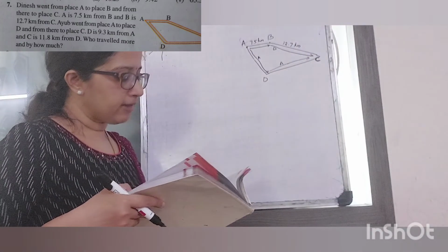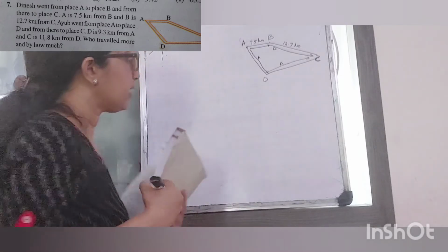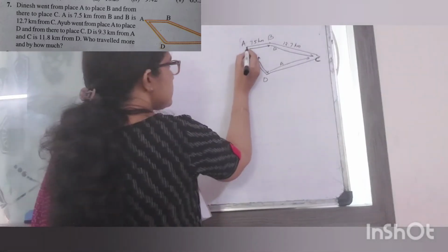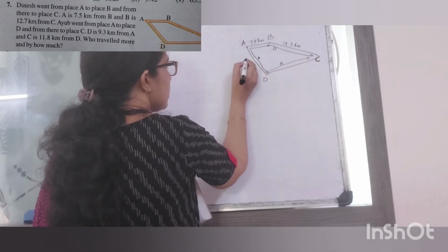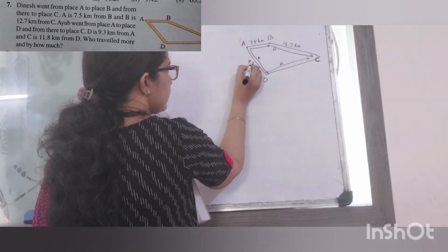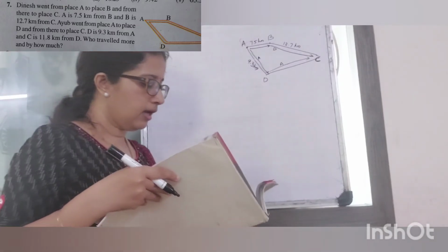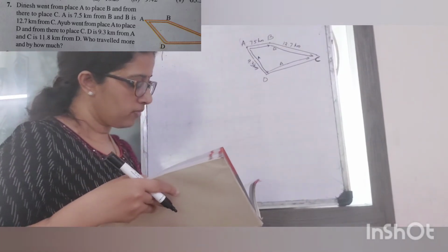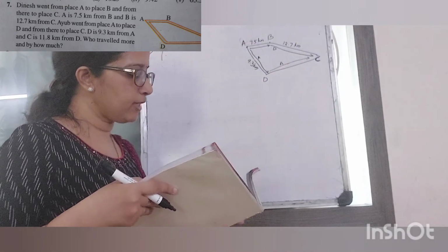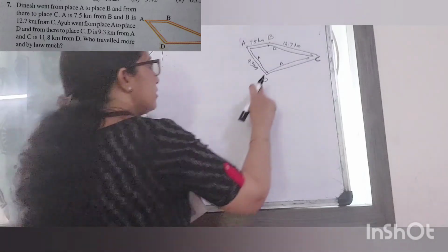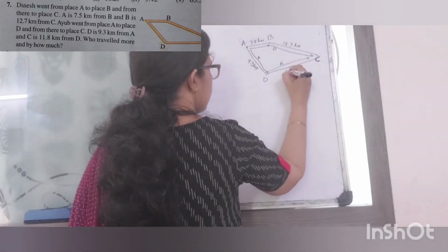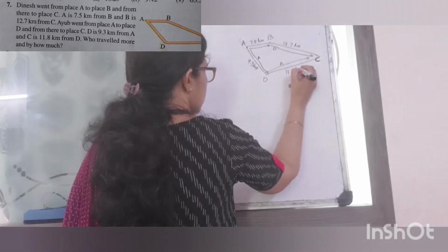D is 9.3 kilometer from A, so this distance A to D is 9.3 kilometer. And C is 11.8 kilometer from D. This distance is 11.8 kilometer.